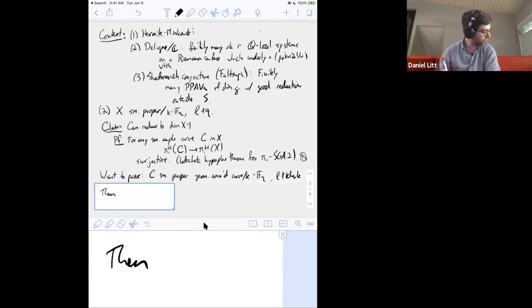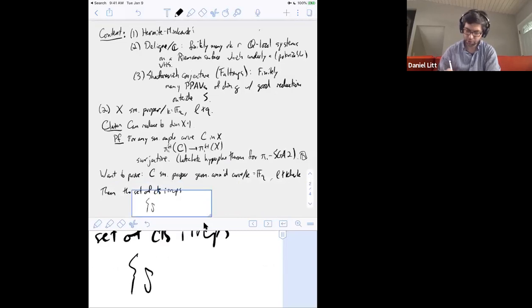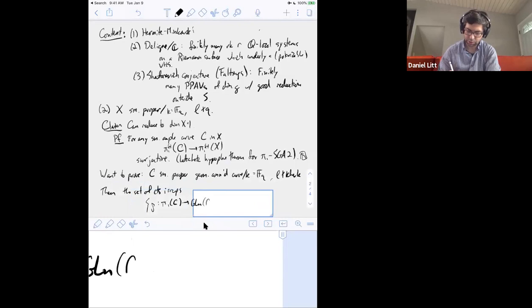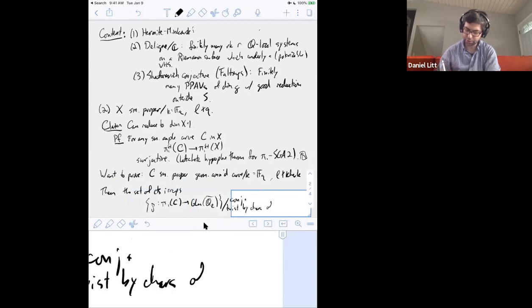Then we want to show that the set of continuous irreps rho from pi_1 of C to GL_n(Q_l bar), and here n is fixed, mod conjugacy and twist by characters of the absolute Galois group, is finite.